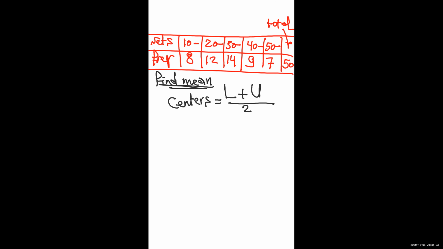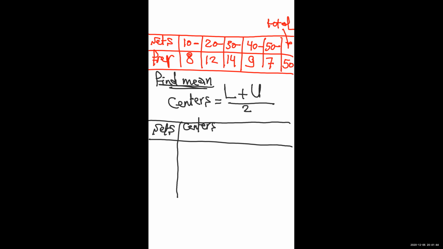Now I'm going to draw one more table, and directly I will place the sets and the centers. This is the steps of the solution. First the sets, and then the centers, which is x, and then the frequency f, and then one more column, x times frequency, or xf.